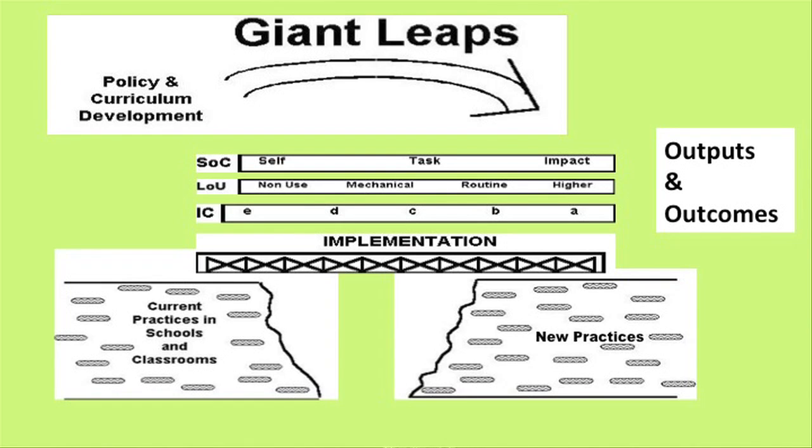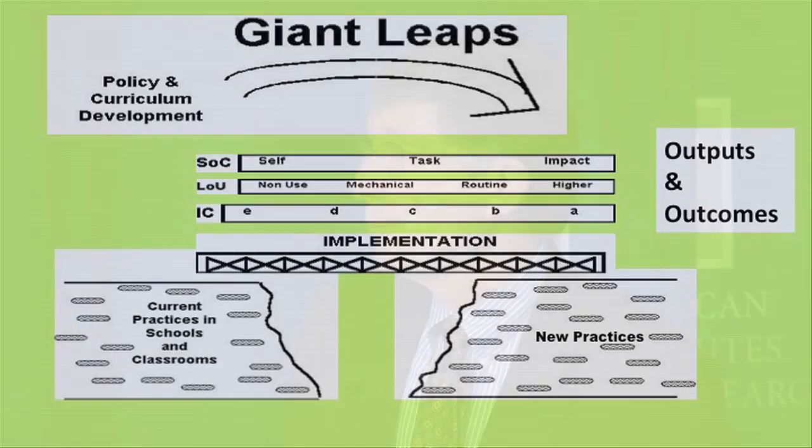We underestimate how sophisticated and complex our innovations are. So we implicitly say, all you have to do is jump over. I don't think you can do that with most of the things that we're about. I think you have to have a bridge called implementation. In our research, we've identified 3 different ways that you can assess how far across the bridge an individual, an organization, a system is in terms of implementing whatever the new change may be.